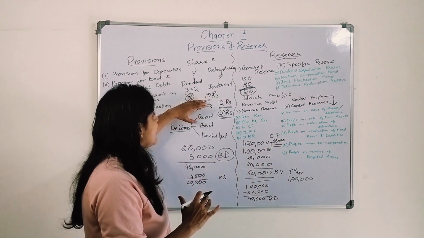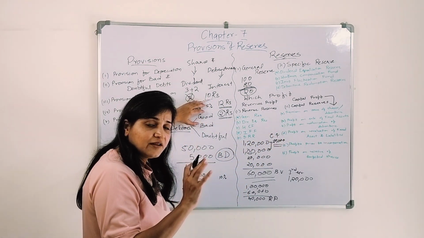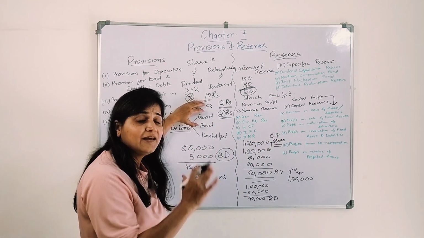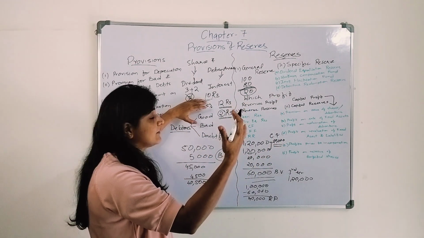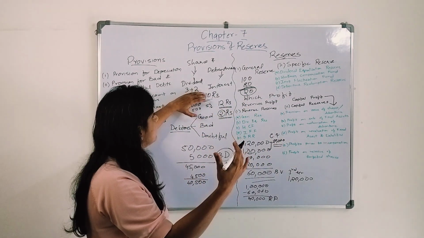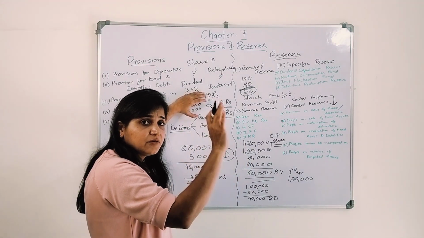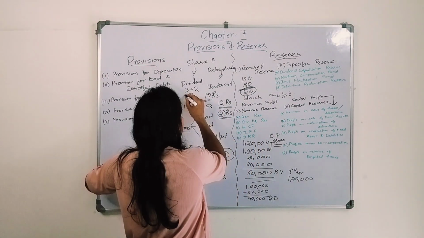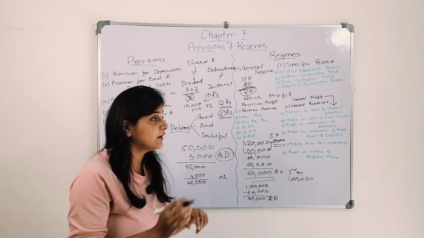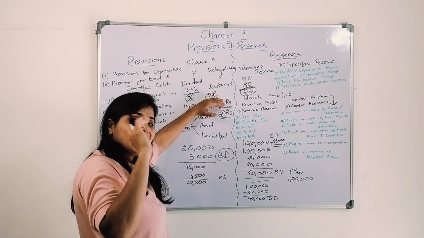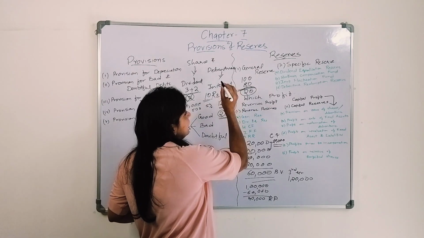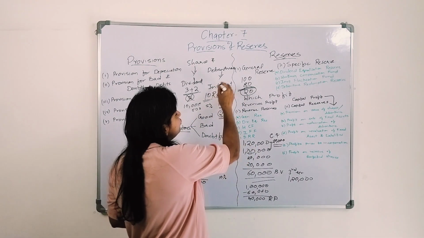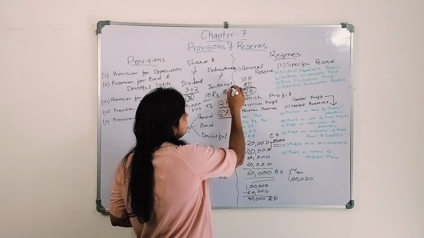Now what they will do is reissue those shares. They can give a maximum discount. They have already collected 5 rupees, so they can give a maximum discount of 5 rupees to the next shareholder. Let's say they are issuing the shares at 8 rupees, so 2 rupees is the discount they are giving.